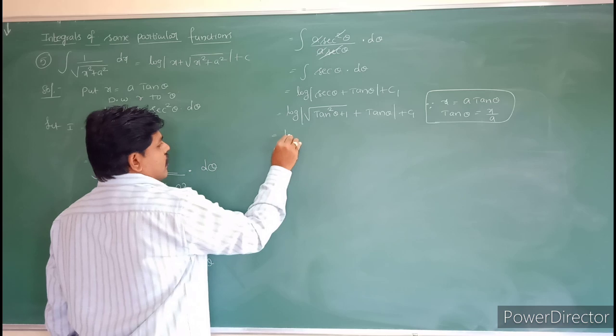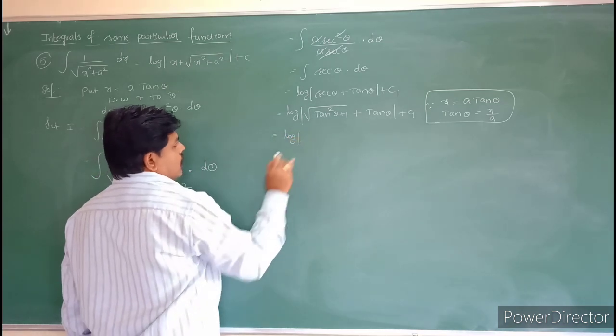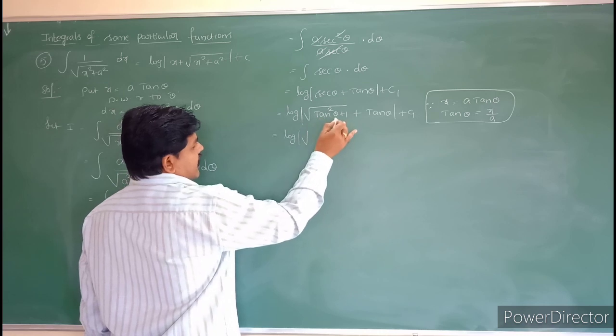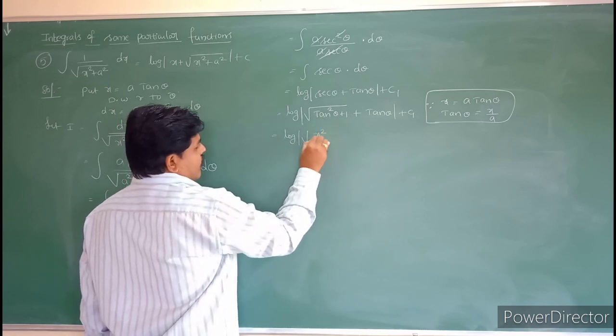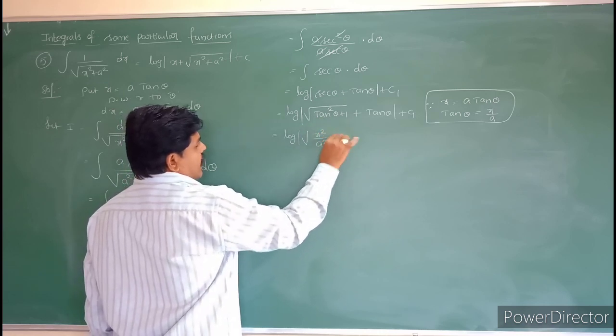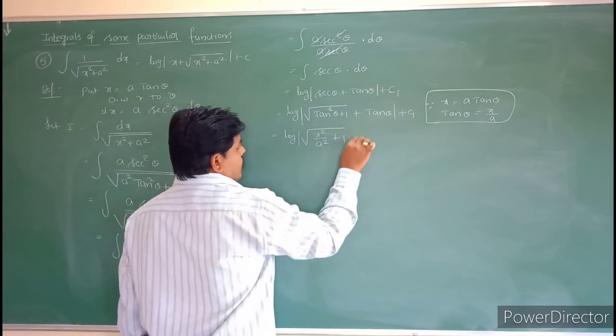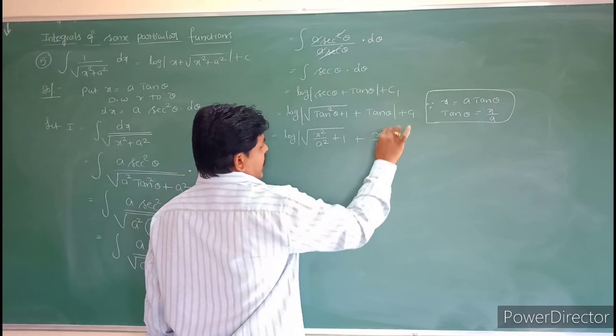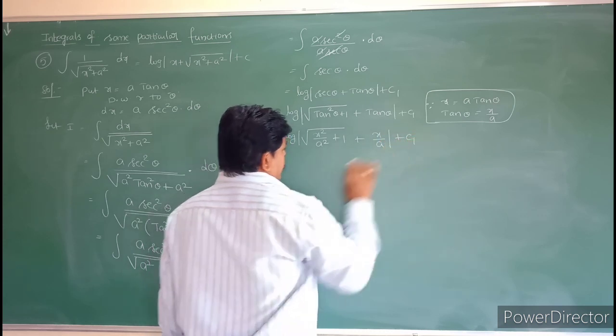So what is that? That is log mod square root of tan square theta, and tan square theta is nothing but x square by a square, plus 1, plus tan theta, which is x by a, plus c1.